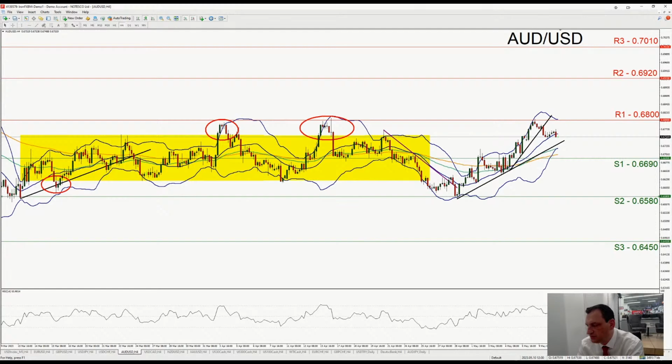And in that case, I would require a clear-cut drop, maybe even start aiming for 0.6580. But for the time being, the sideways motion seems to be prevailing. Once again, base scenario for the sideways motion to continue, but a small warning here, the bears may be taking over.